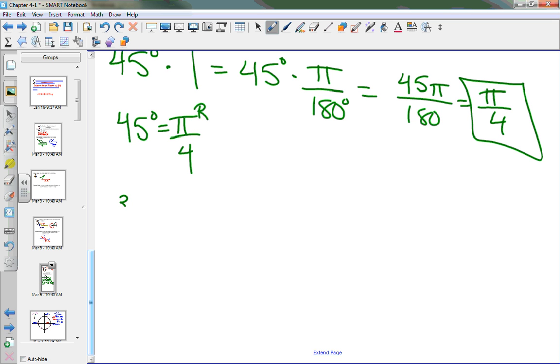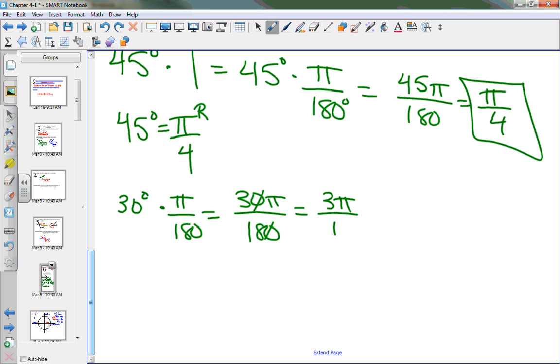Another thing would be 30 degrees. Let's take 30 degrees and transfer that into radians. Well, I'm going to multiply by what to get rid of that degrees? Multiply by 1, but what does 1 turn into? Pi over 180. So what I have is 30 pi over 180. The zeros cancel out. I have 3 pi over 18 to give you pi over 6.